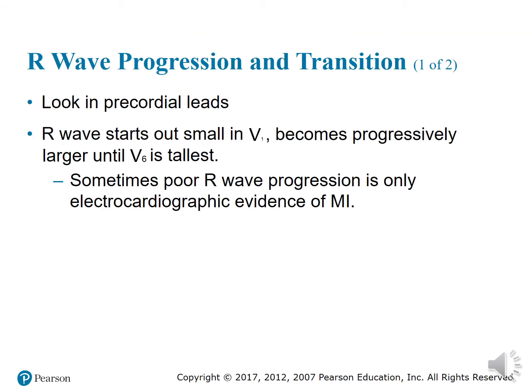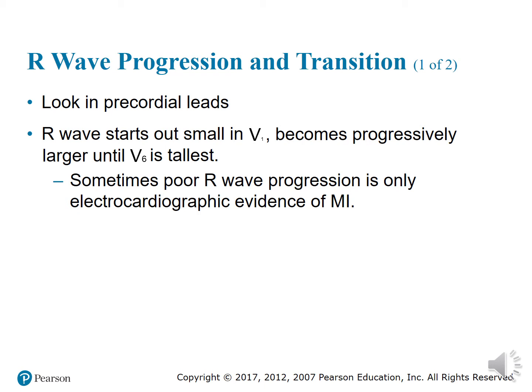All right, the R wave progression. Looking at the precordial leads, the R wave starts out small in V1 and becomes progressively larger until V6 is tallest. Sometimes poor R wave progression is the only electrocardiographic evidence of an MI.